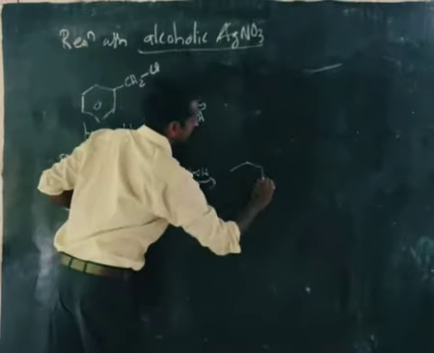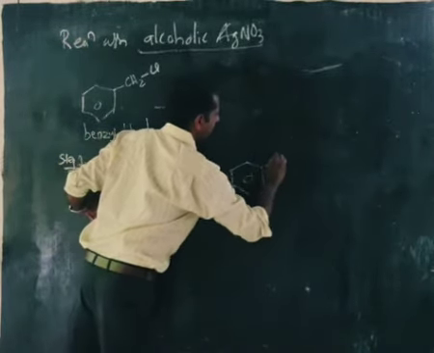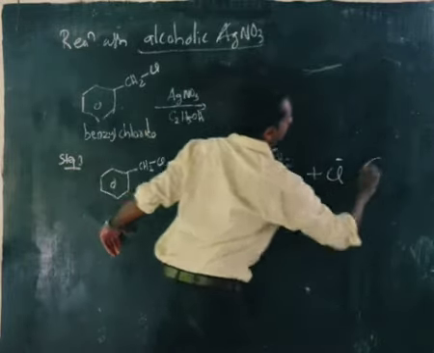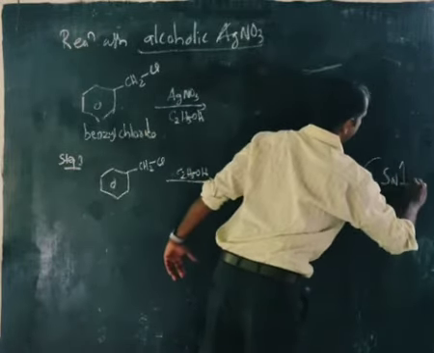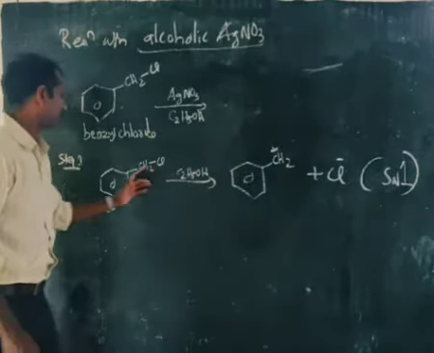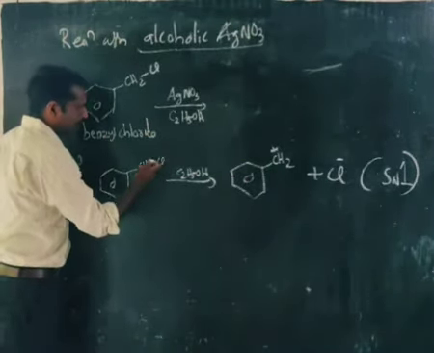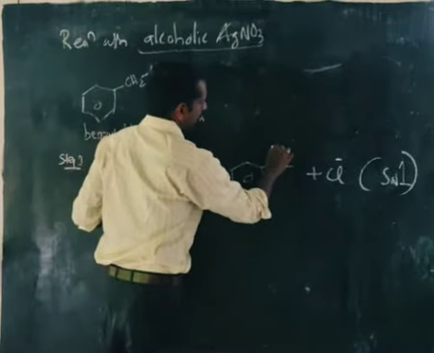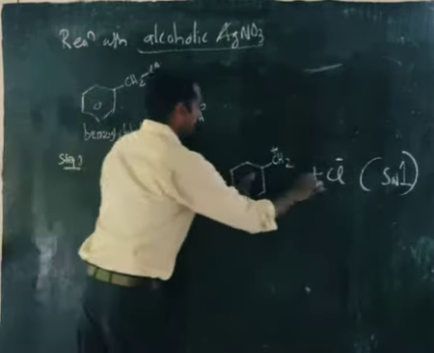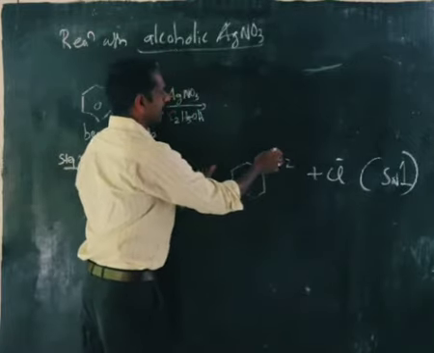That means the first step is the formation of carbocation CH2 plus, with Cl minus eliminated. The reaction is proceeding via SN1. The first step is the cleavage of the C-X bond. We are getting this CH2 plus, that means a carbocation is formed, and the nucleophile will come and attack here.